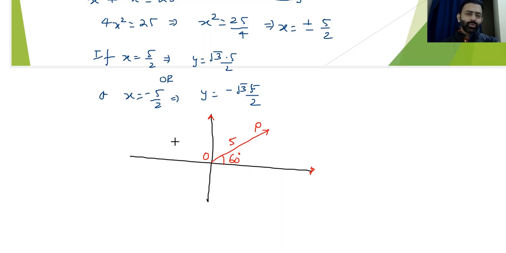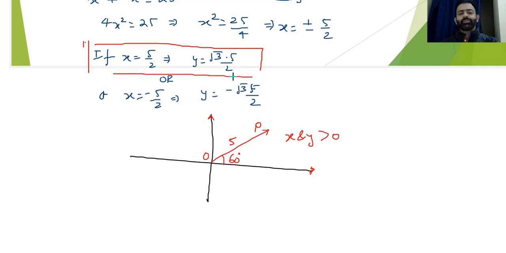So out of these 4 possible values, which values you have to choose will be decided by the angle, which is either acute or obtuse, or maybe reflex also, right? So since it is in the first quadrant, both x and y should be positive, right? That means I will take only this solution, that x is 5 by 2, that means y will be root 3 into 5 by 2.